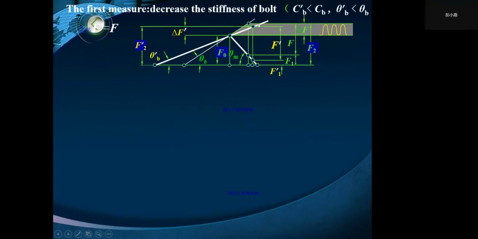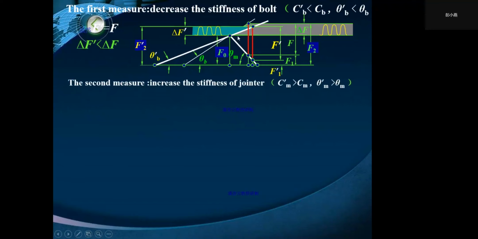The CB prime is less than the CB, and then we can know this, the delta F prime is less than the delta F. Delta F prime is for the decreased stiffness bolt.